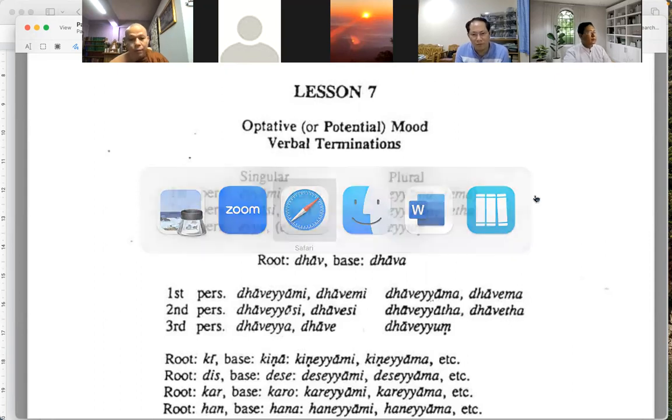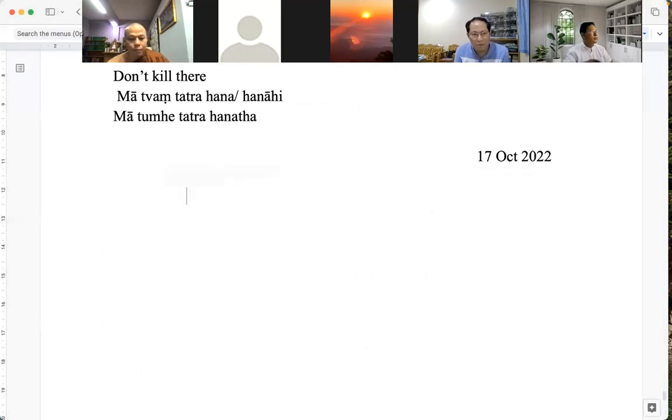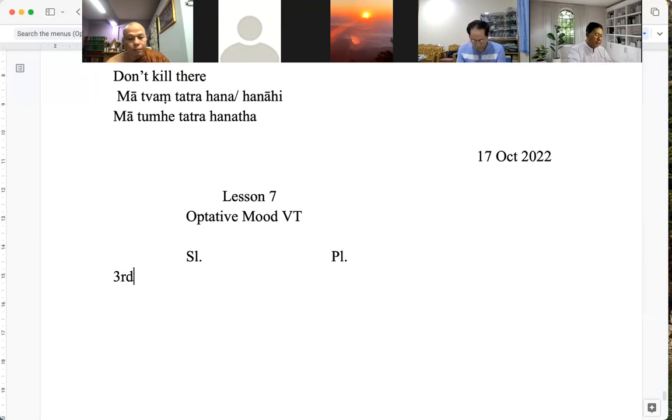To remember easily, there will be singular or plural, and then the person.